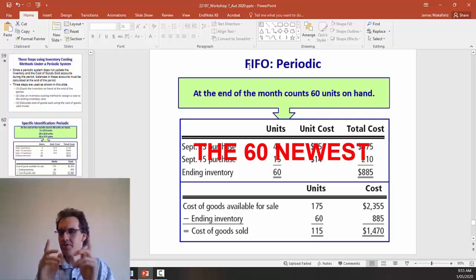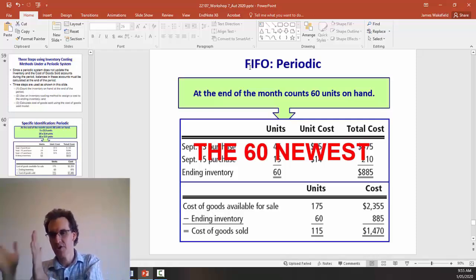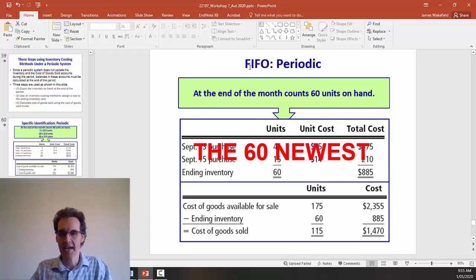So in this particular case, when you're doing your stock take, what does that mean in terms of the inventory you have left? It means that if you sold the first lot in, you have the last lot left that you're counting up as part of your stock take. So remember, to determine the cost of goods sold here when using the periodic method, you look at all the inventory value you had on hand, which we know is $2,355.